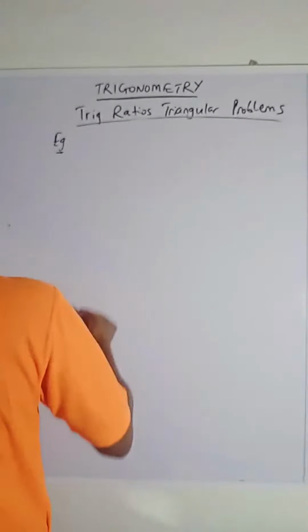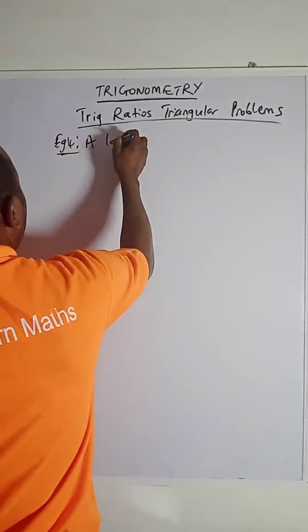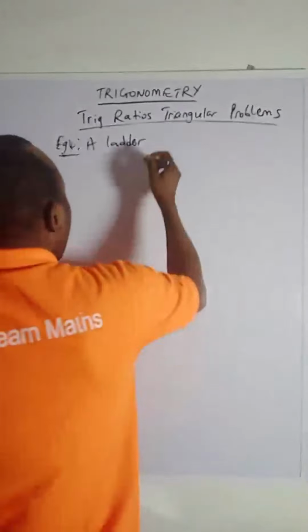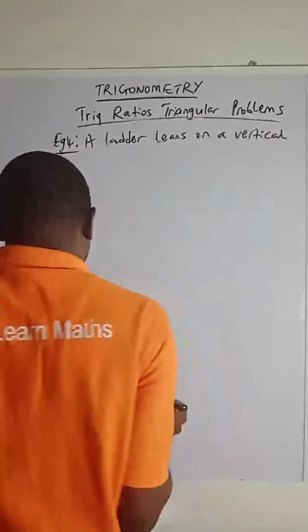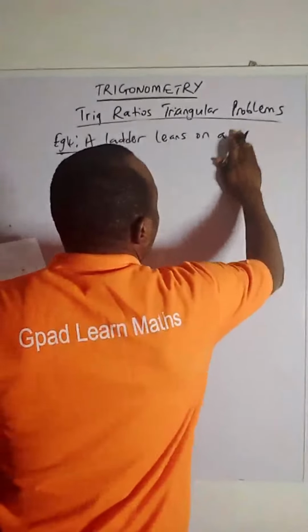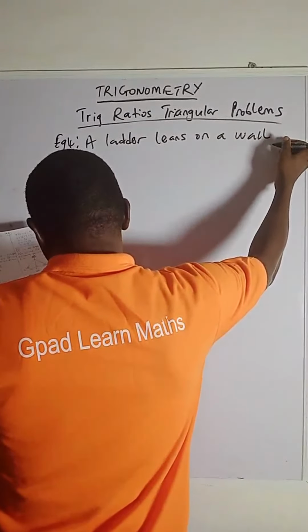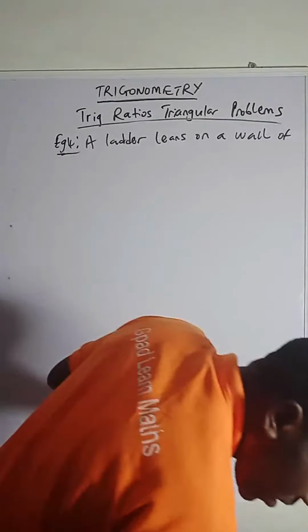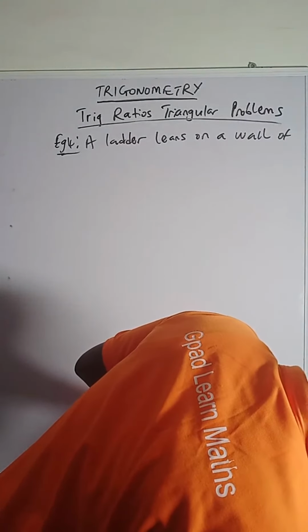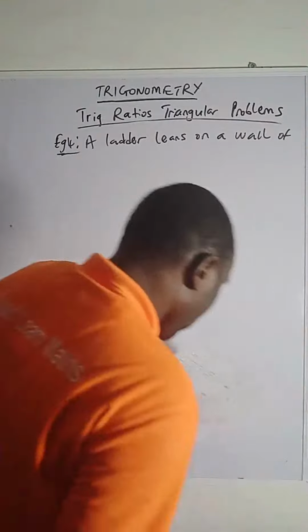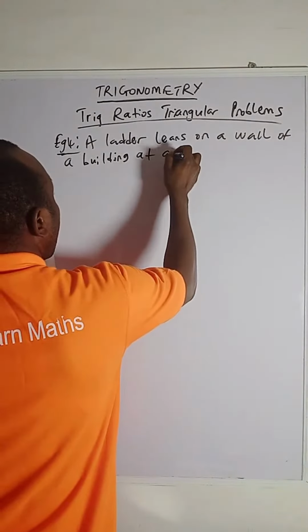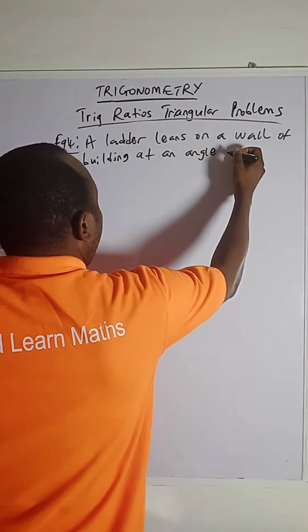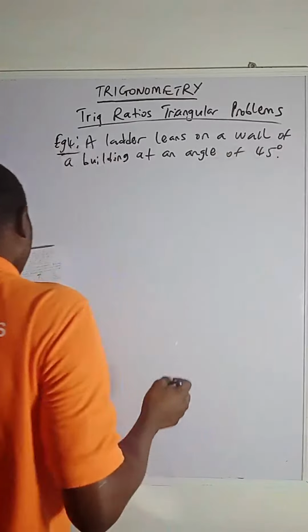Okay, so a ladder, this is an example. A ladder leans on a vertical wall of a building at an angle of 45 degrees.